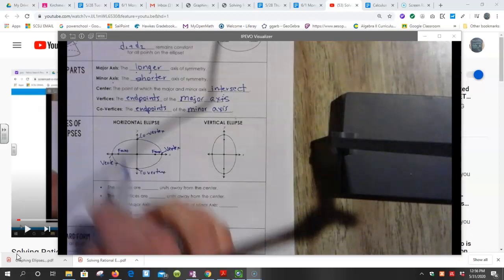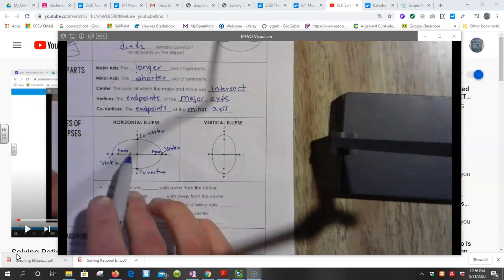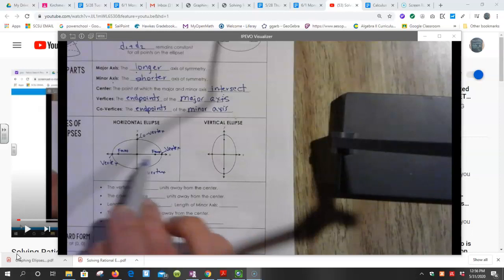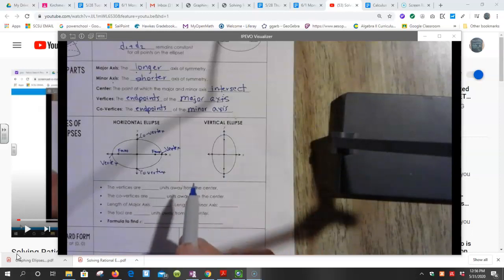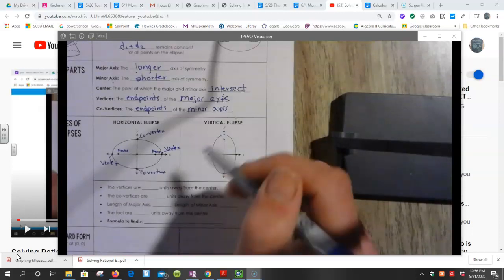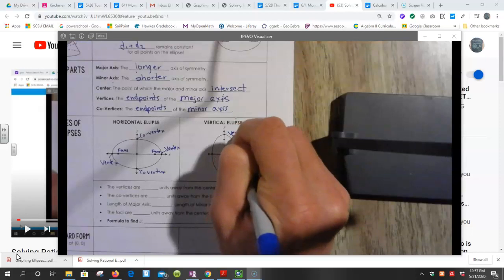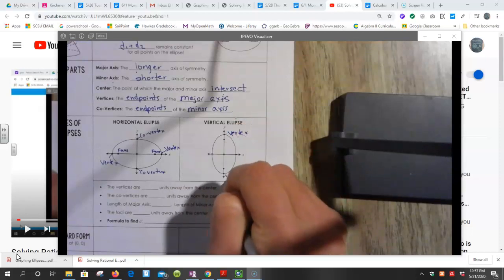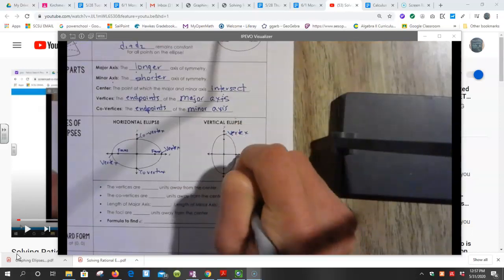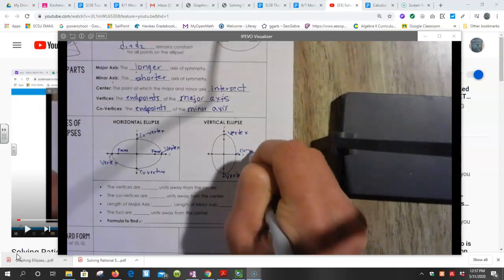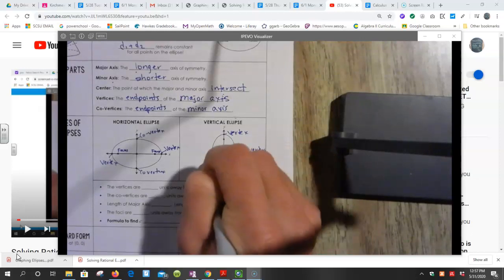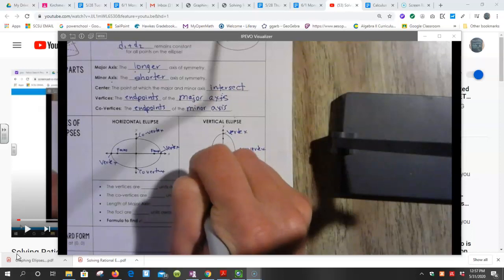All right, so this is my horizontal ellipse. A horizontal ellipse is longer horizontally, and a vertical ellipse is longer vertically, where the major axis is vertical and the minor axis is horizontal. So let's label this one. This is my vertex here, and that's my vertex here. This is our co-vertex here, and our co-vertex here.